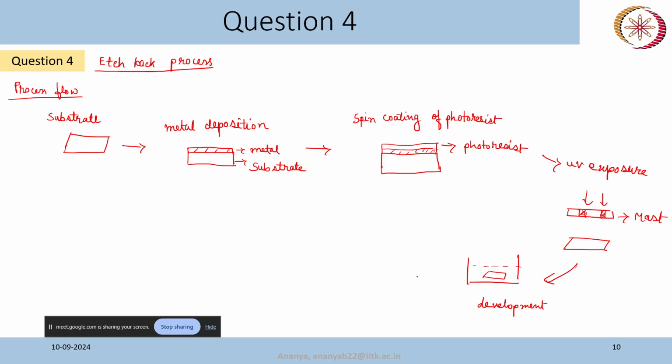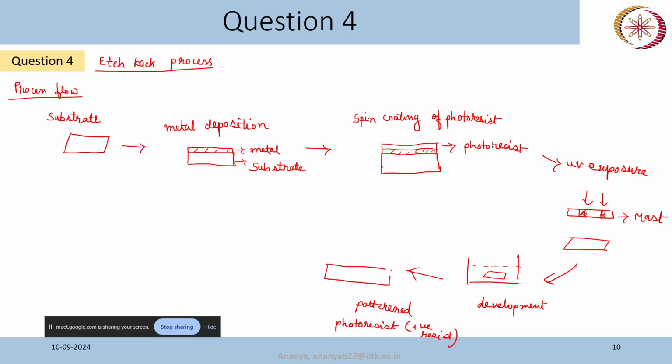So after development, the patterned photoresist will be like this, if it is a positive resist. If it is a negative resist, the pattern will be opposite.